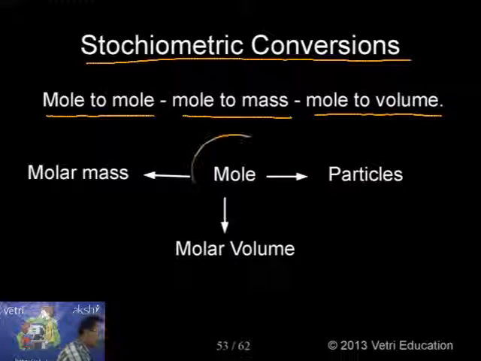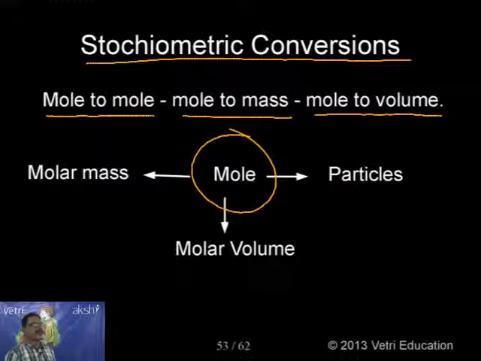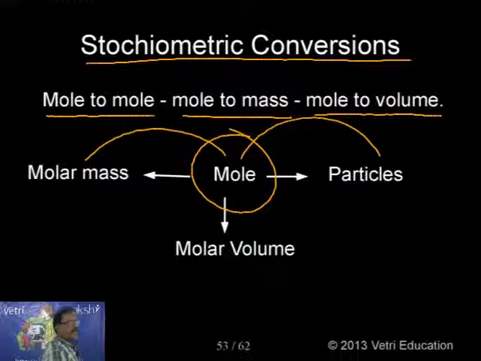I have already discussed this when discussing the atom, molecule and mole concept. Mole can be expressed by molar mass, by particles using the Avogadro number, and in the form of molar volume.